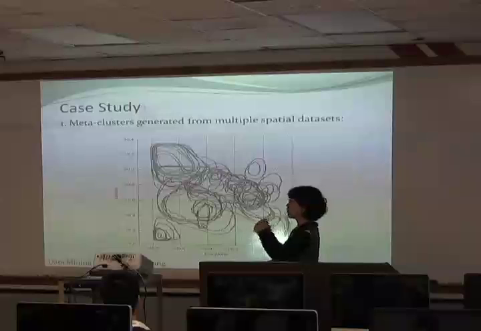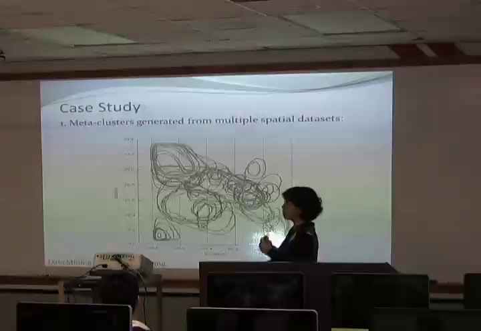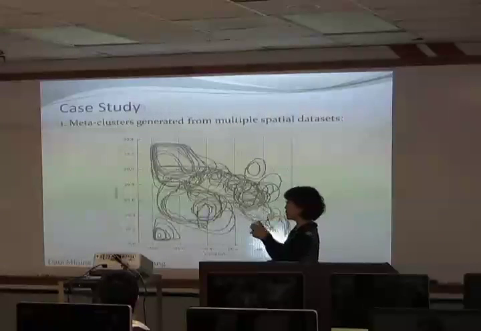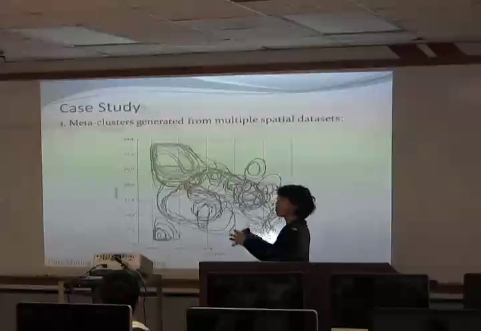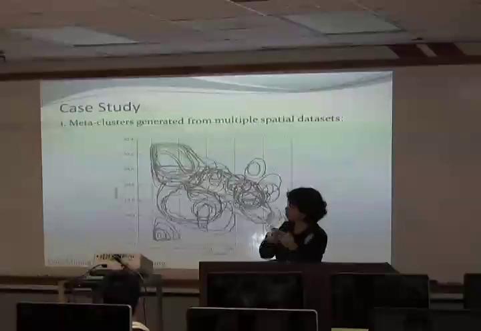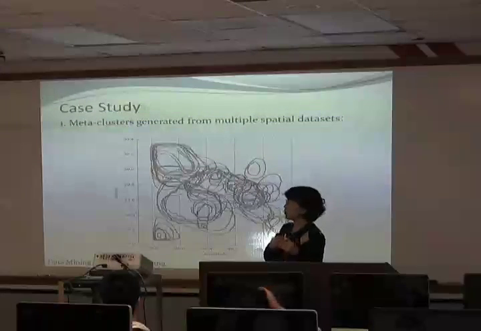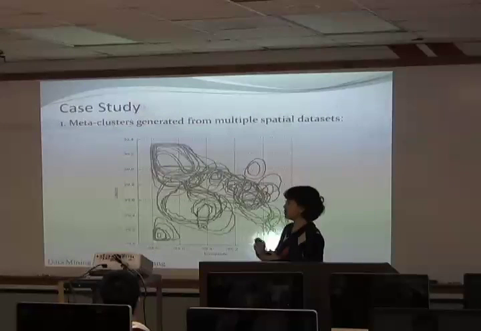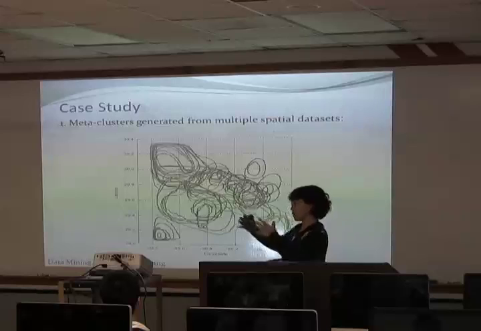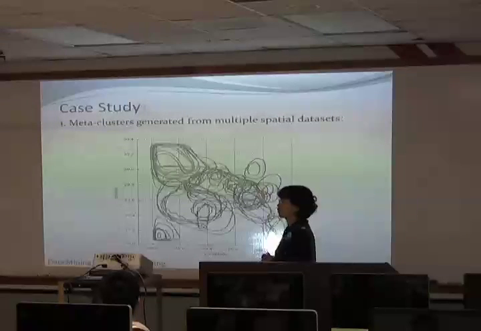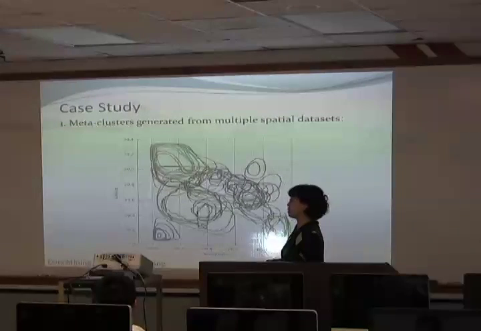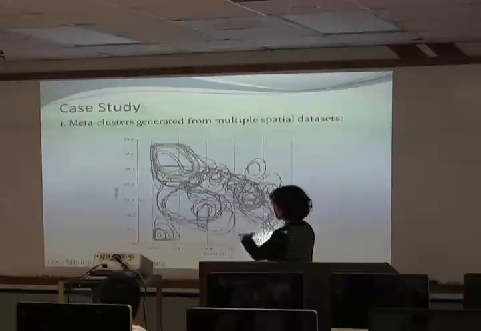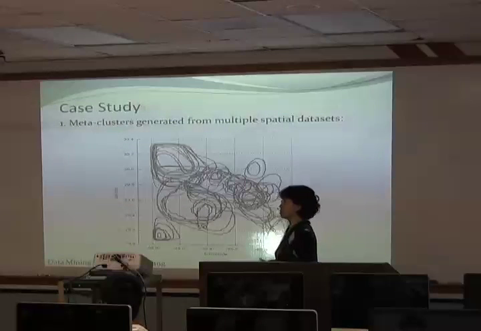We call it a hybrid distance function, so we can calculate the similarities between each polygon here, and then we plug those distance metrics into our polygon-based shared nearest neighbor clustering algorithm. It's kind of like a density-based clustering algorithm, so we can cluster them into different clusters. So that's what you call meta-clusters. Yes, and this is actually one subset of our meta-clusters.